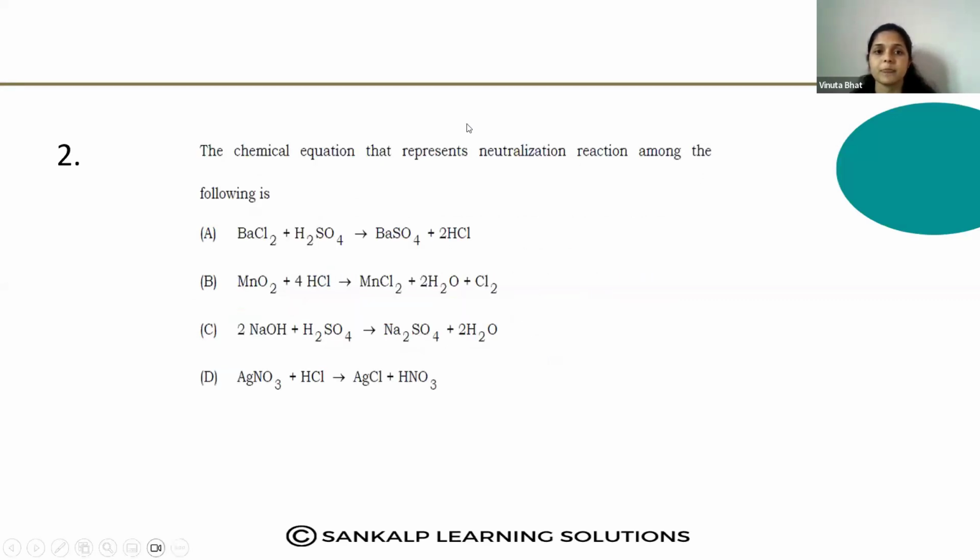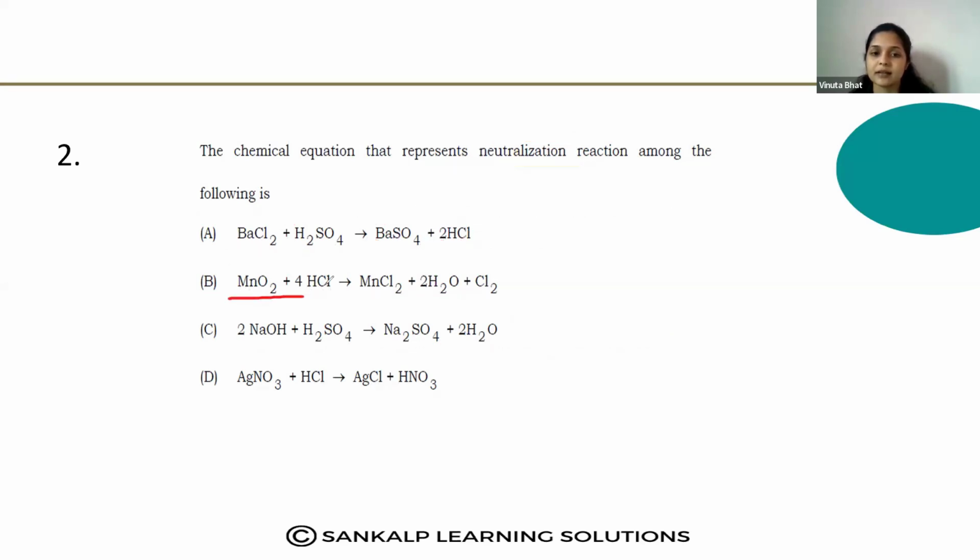Next question. The chemical equation that represents the neutralization reaction among the following. Here, barium chloride and sulfuric acid form barium sulfate and hydrochloric acid.